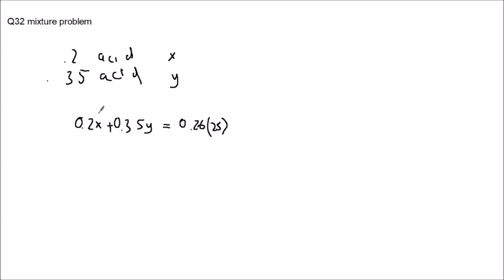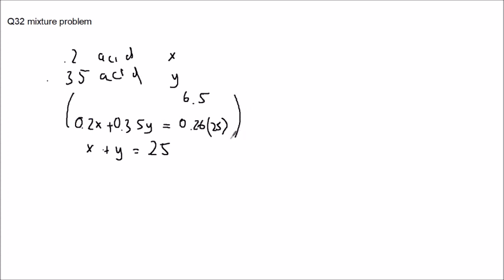So how many liters of x times the 20% plus how many liters of y times the 35% equals the 25 liters times the 26%. And then the amount of x and y liters has to equal 25, right? So those are our two equations. So what's 0.26 times 25? That's 6.5, right?